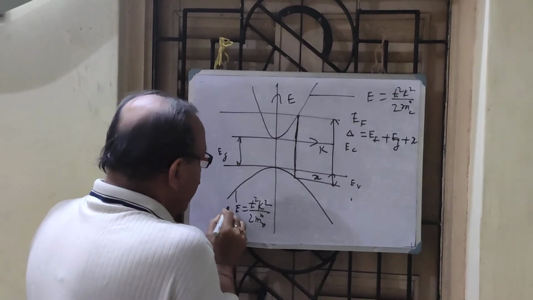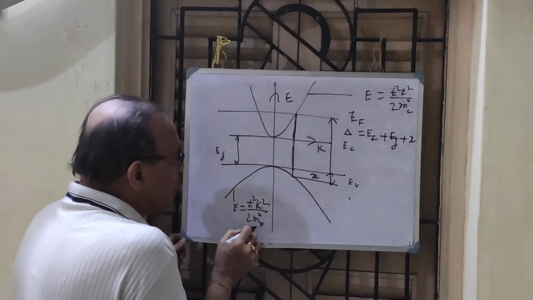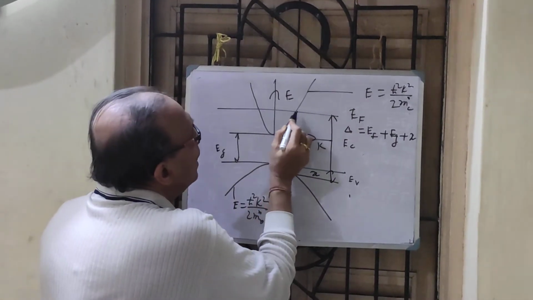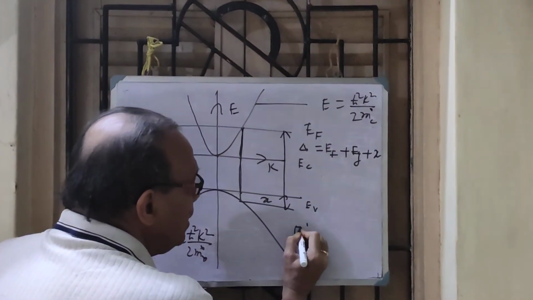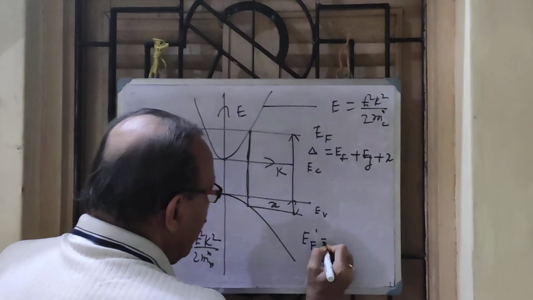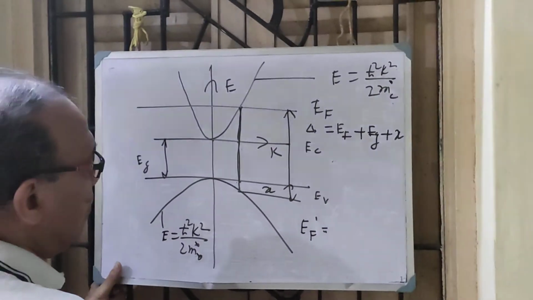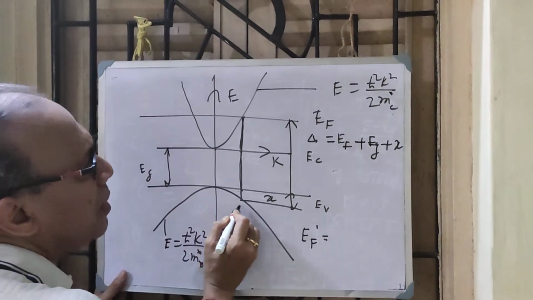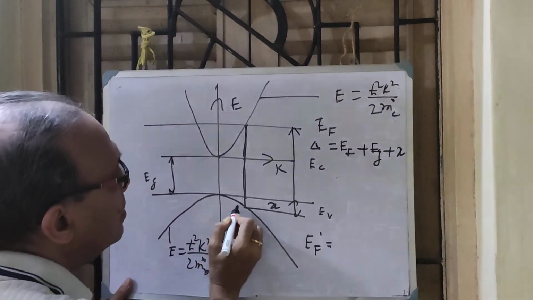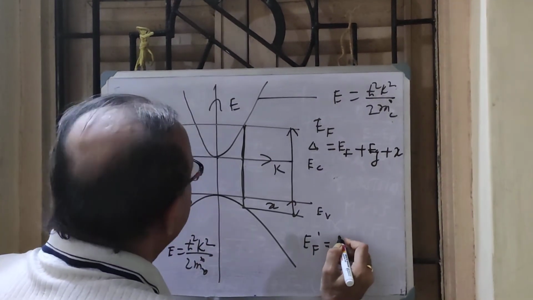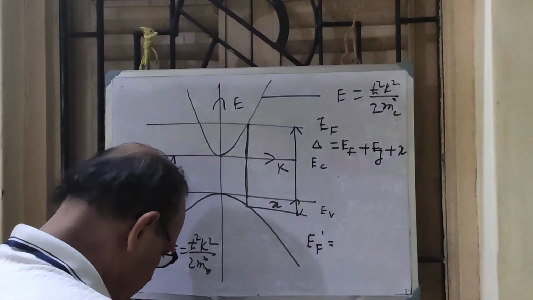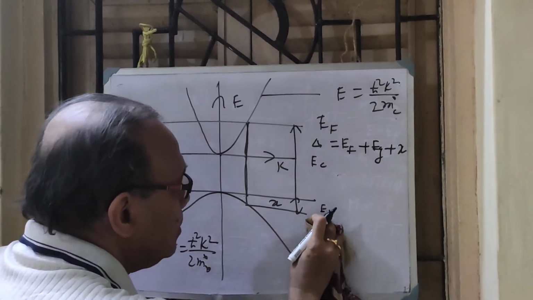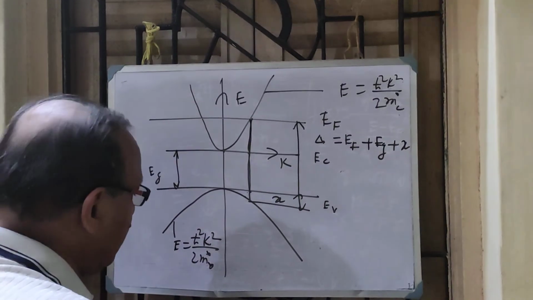How come? Its relation is E equal to h bar square k square by 2 mv. At E equal to EF, k equal to kF, I replace E by EF and k by kF. Let us see this energy.